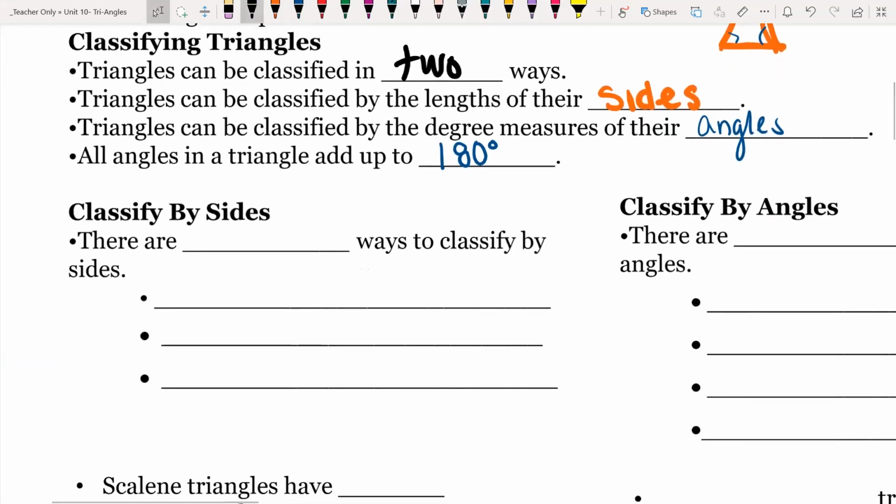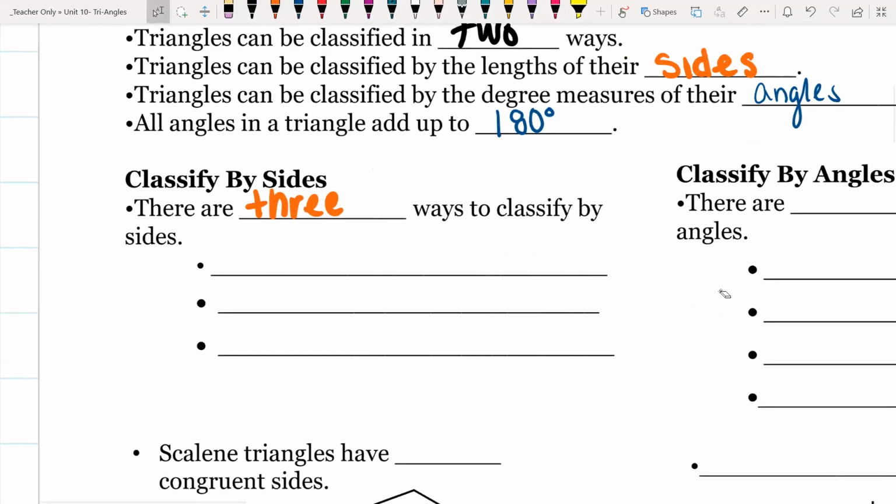There are three ways to classify by sides. The first one is called scalene. There's also an isosceles triangle.